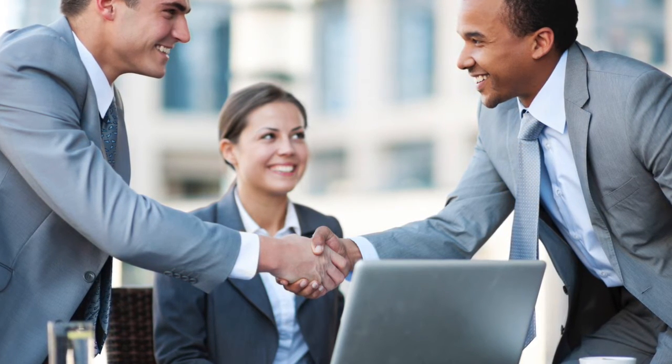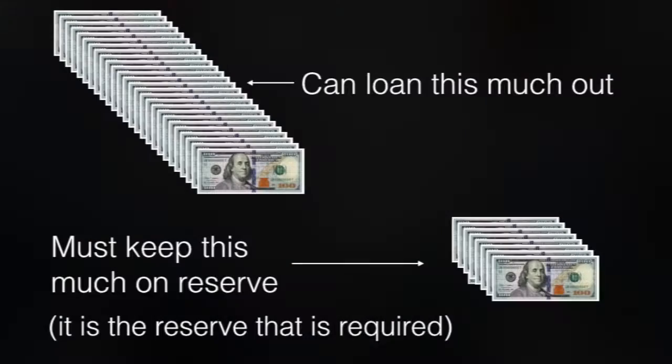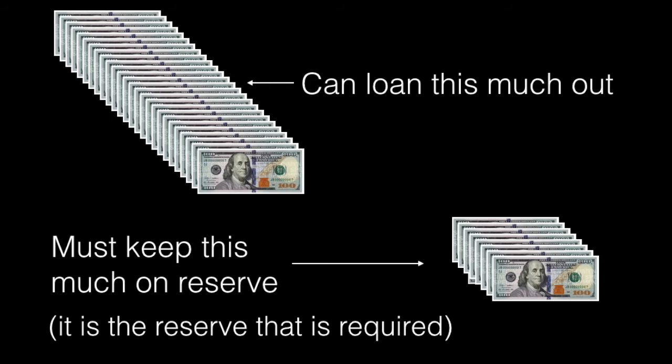It does those things in order to make money for itself. But each bank is required to keep at least a chunk of that money in a reserve bank somewhere. The reserve requirement is the percentage of money that banks have on their books that they need to keep in reserve.